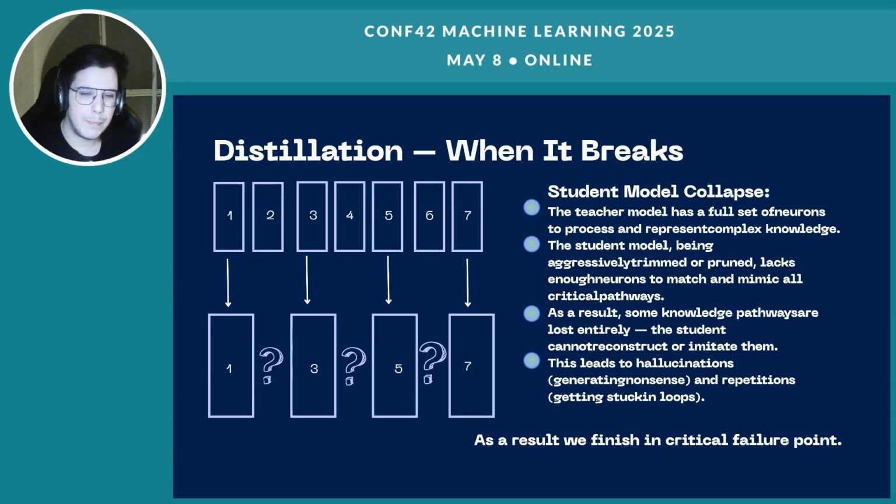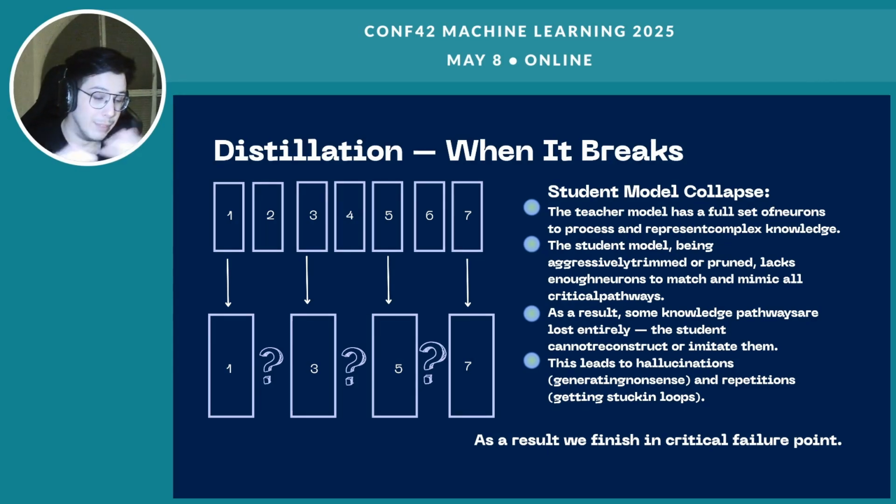Yeah, this graph basically represents the effect that we're trying to show here, where at some point the student model will just stop understanding what the teacher model tries to teach. So it will do the only thing possible with LLM architecture, hallucination and repetition, as we mentioned before.